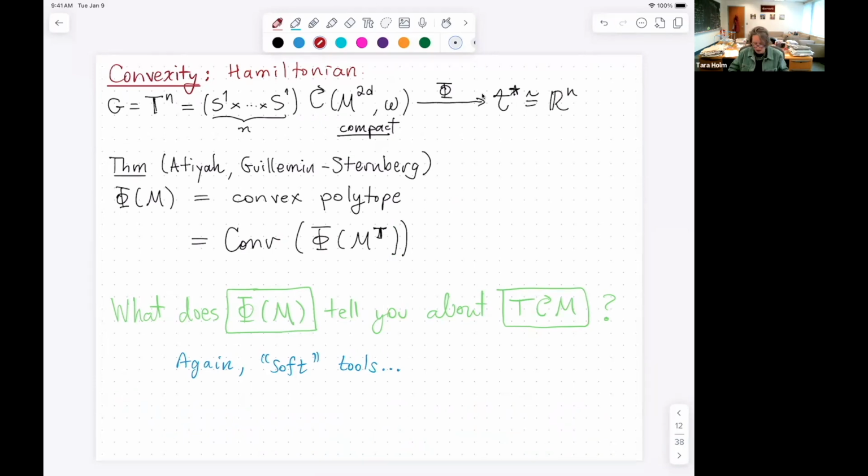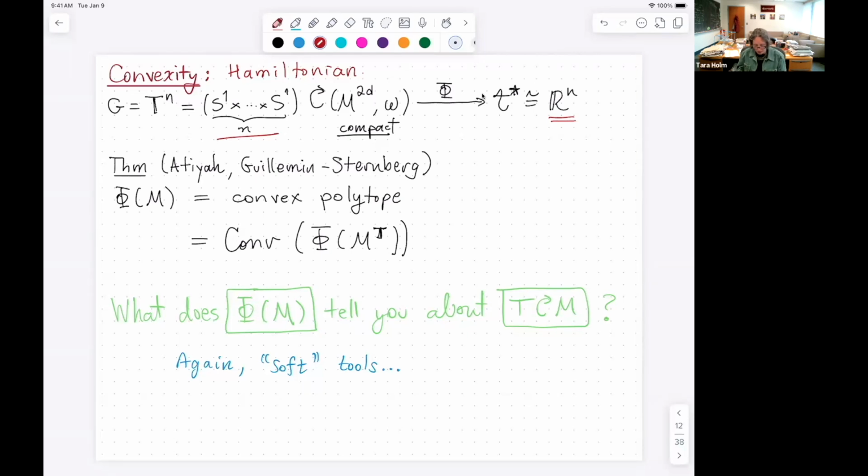So if I have a torus, a compact torus, a product of n circles, acting on a 2n-dimensional compact manifold, I'm going to be going back and forth between compact and non-compact, but I'll typically be thinking about compact examples. And I'm assuming this is Hamiltonian, so I have a momentum map to the dual of the Lie algebra of the torus, which is isomorphic to Rn.